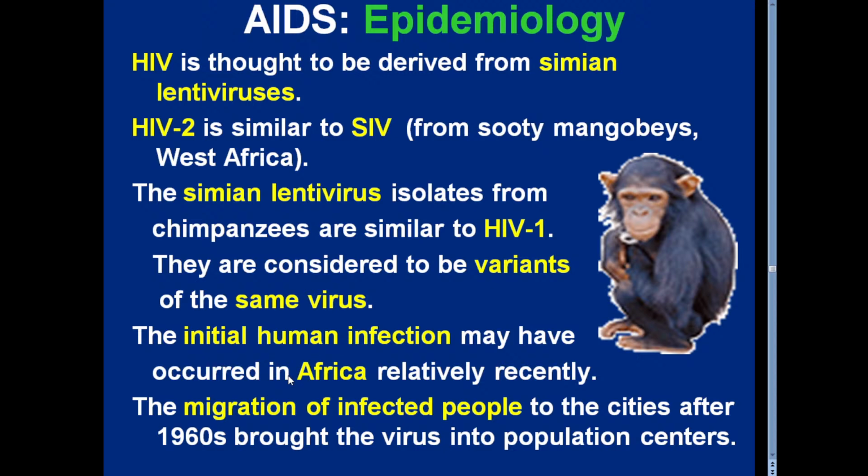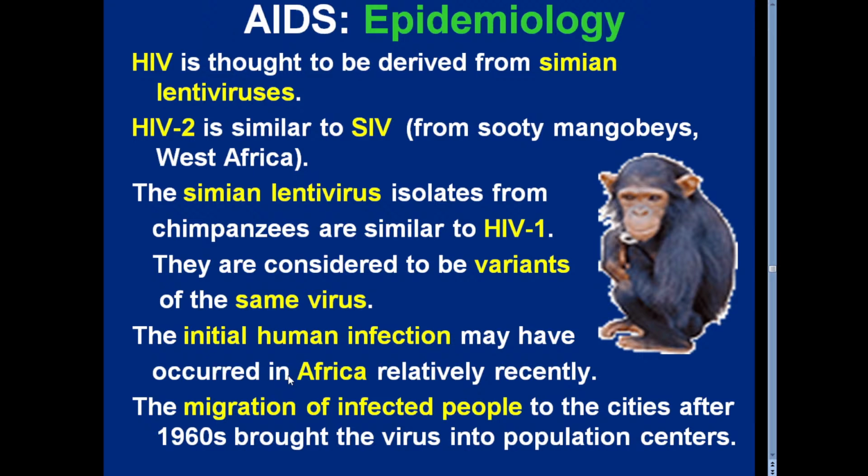Let's discuss several words about epidemiology. HIV is thought to be derived from simian lentiviruses. HIV-2 is similar to SIV, a virus isolated from the sooty mangabey monkey from West Africa.